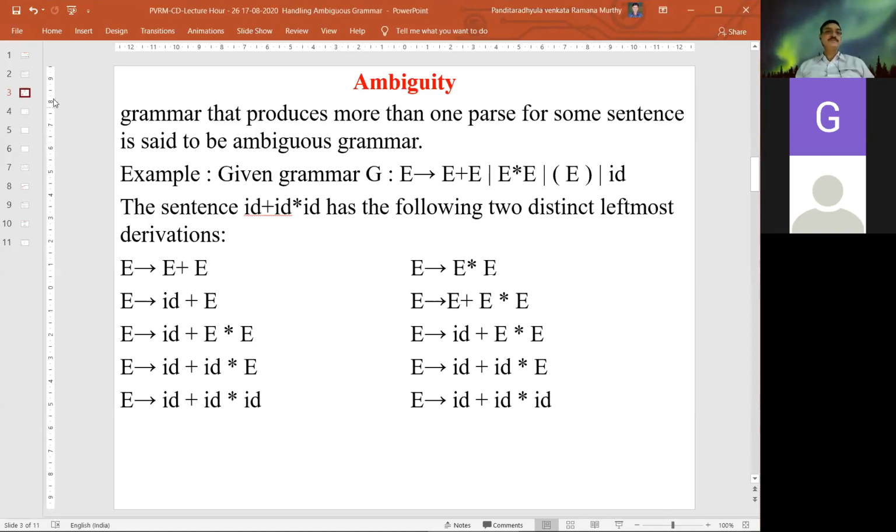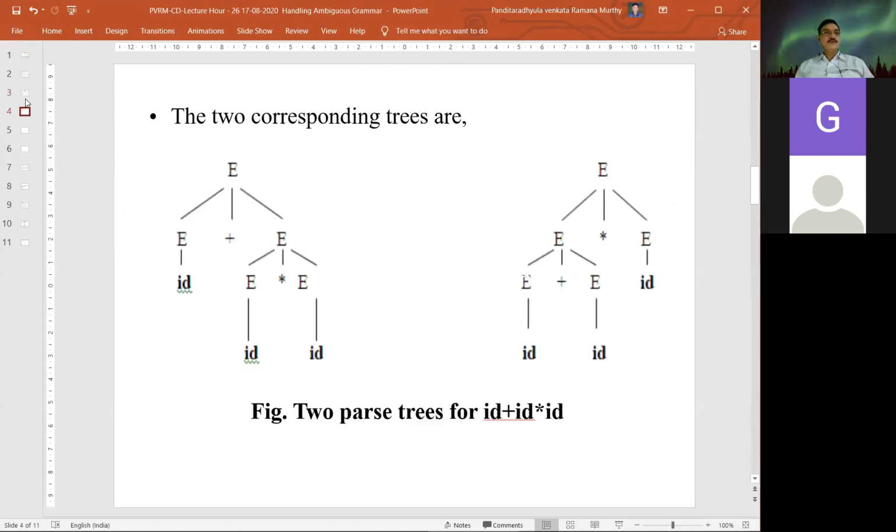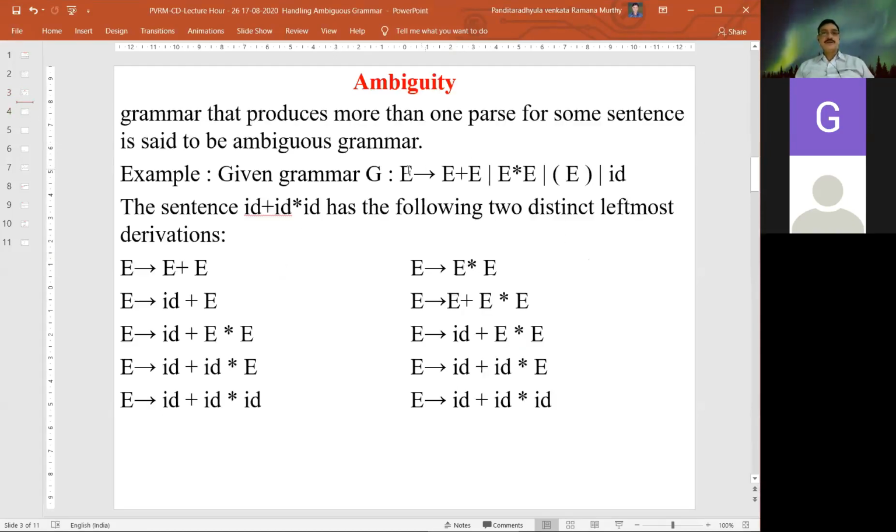For example, if this is the given grammar, E derives E plus E, or E derives E into E, or E derives (E) in brackets, or E derives ID. Whenever you can perform a plus operation between two IDs, E is representing ID.